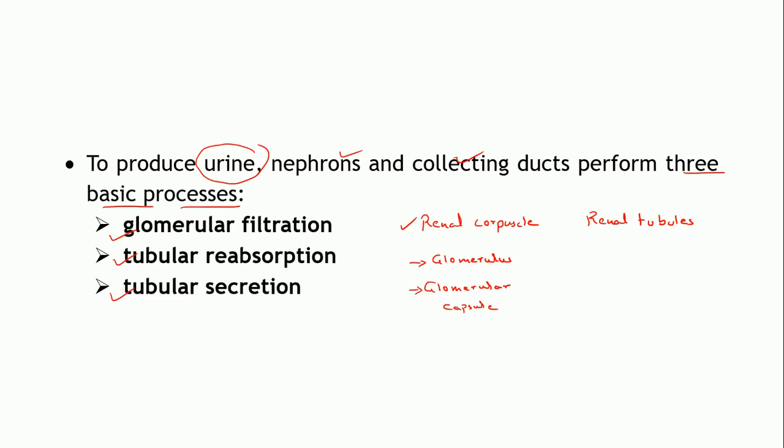The renal tubules, into which the filtrate will enter. The filtration will take place at the capillary level which is present in the renal corpuscle. So the filtrate will enter into the renal tubules. So the first part of the renal tubules is the PCT, proximal convoluted tubules, then the loop of Henle, the descending and the ascending limb of loop of Henle, and the distal convoluted tubules.